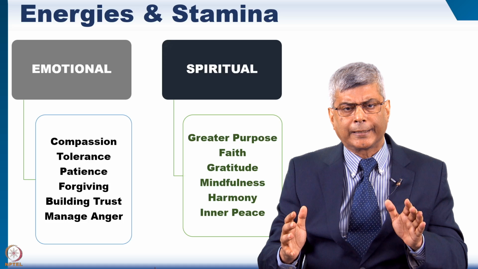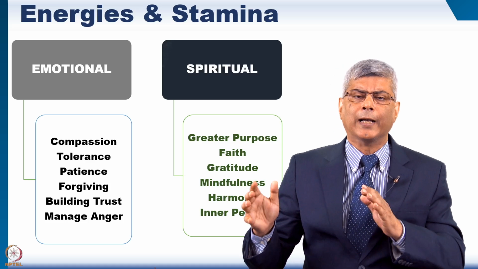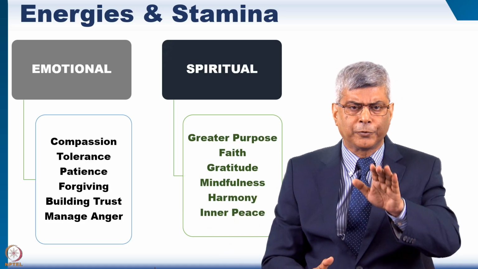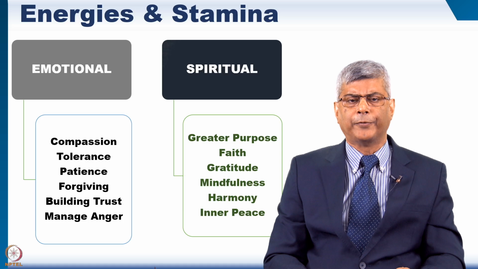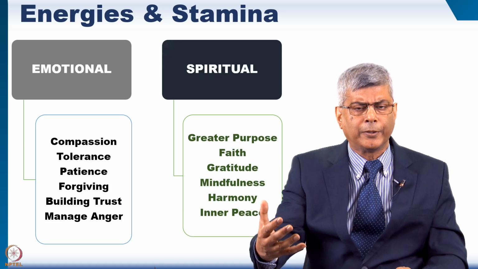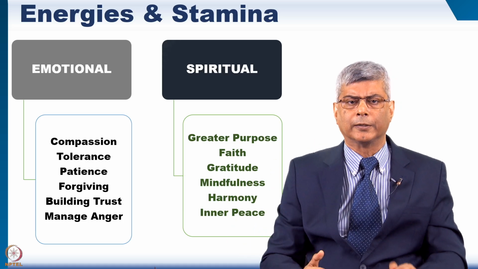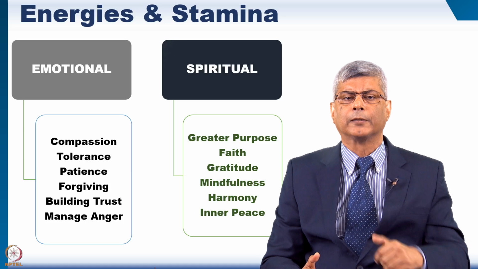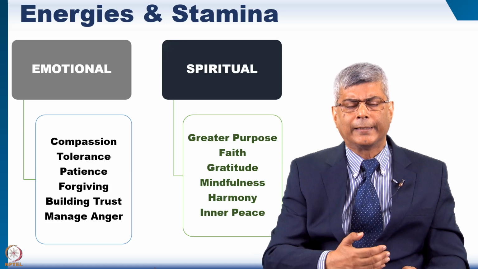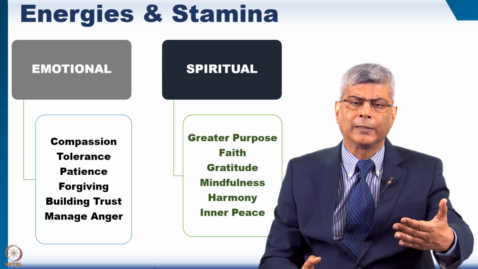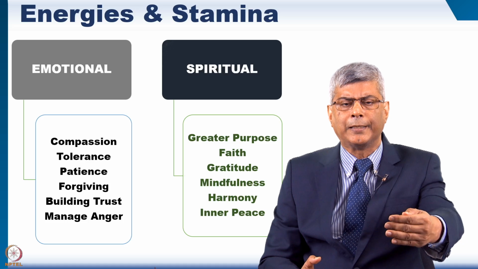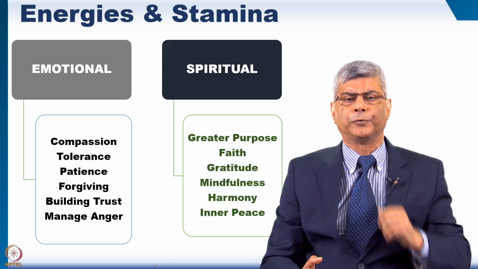Because the life expectancy will keep going up and up and up. And some of you who are watching this video may have a life expectancy of 100 years or maybe 110 years or 120 years because of improvements in medical science. So you may have another 60 years, 70 years, 80 years, 90 years. Some of you may have 100 years ahead of you.